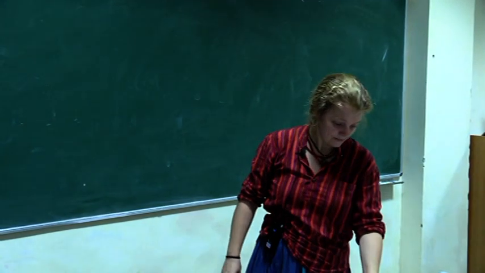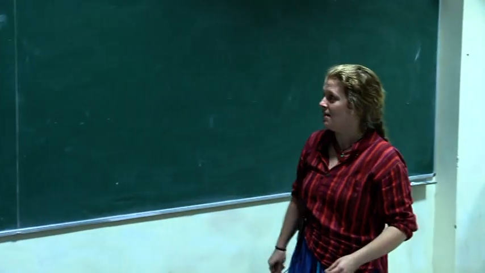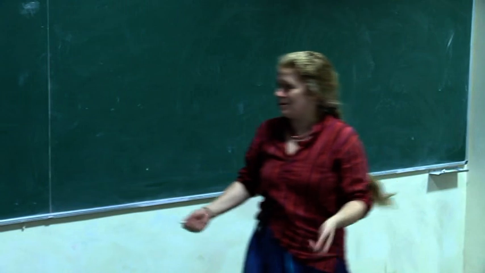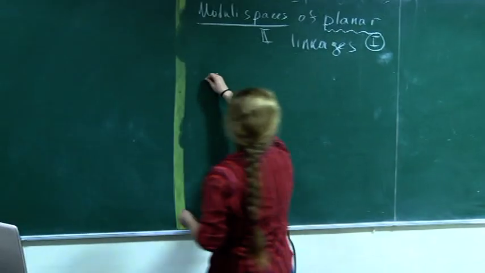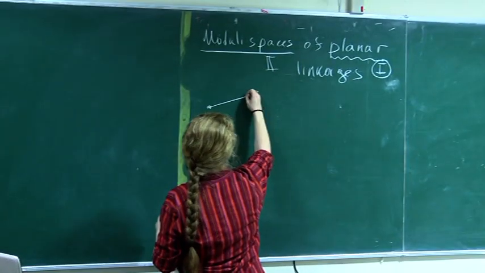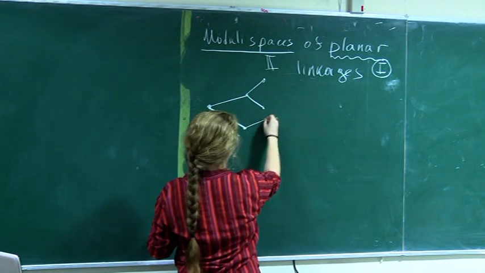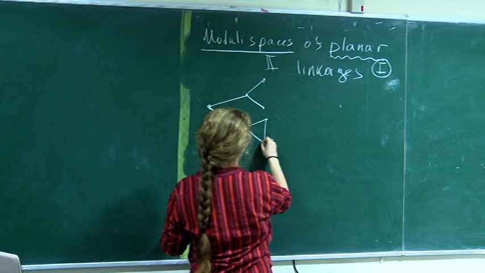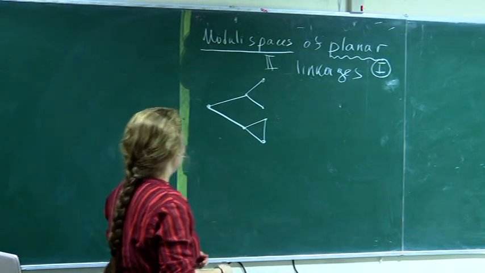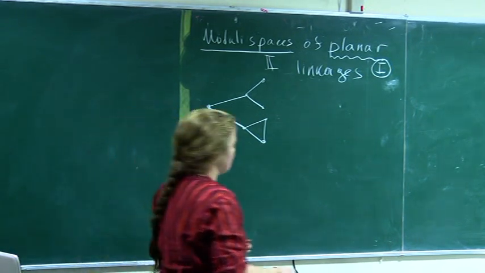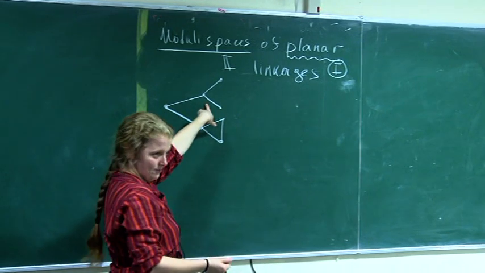Okay, let's start with the definition. The definition is very intuitive. What is a linkage? An abstract linkage is a graph. You can imagine a simple graph, something like this, with vertices and edges, with prescribed lengths of the edges.